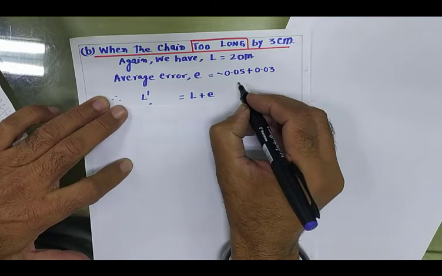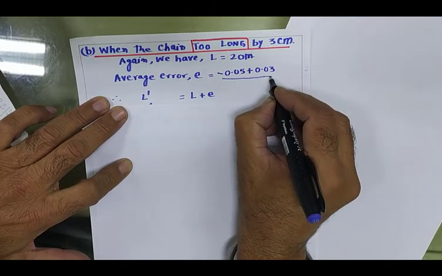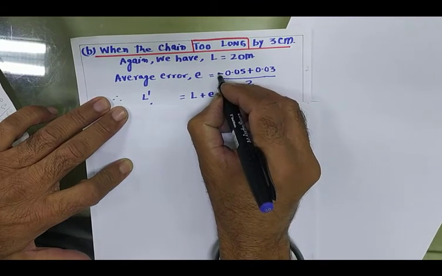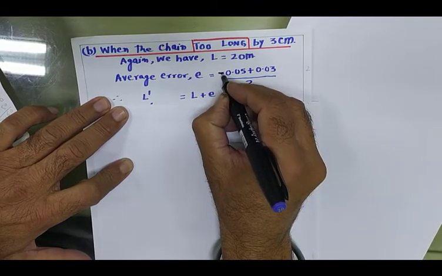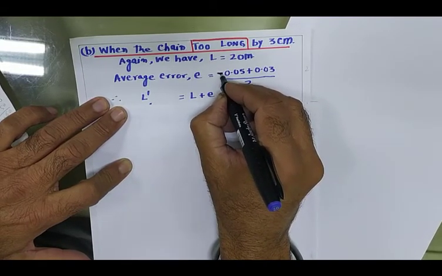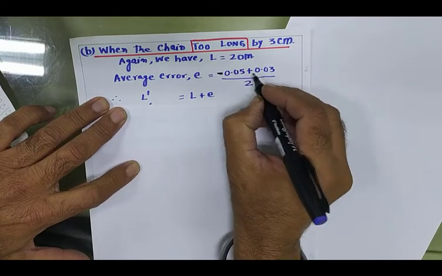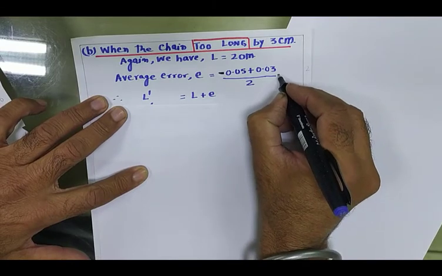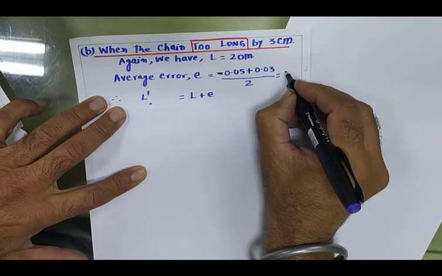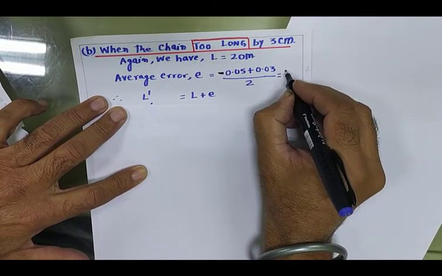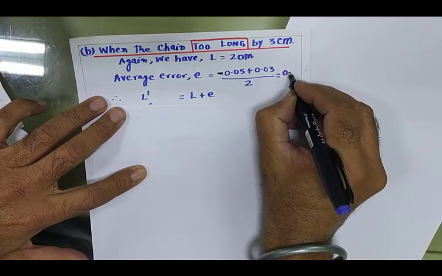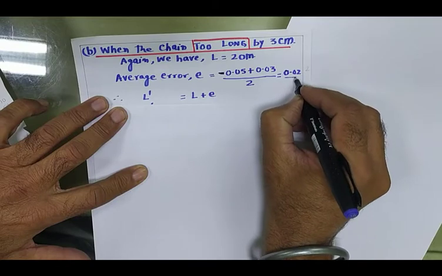So this is the main thing you have to keep in mind when you calculate the average value. Because when it is too short, E will be taken as negative. So this comes to be 0.02 divided by 2.